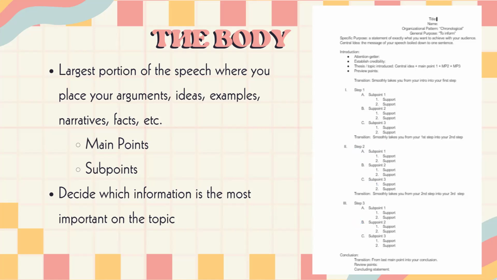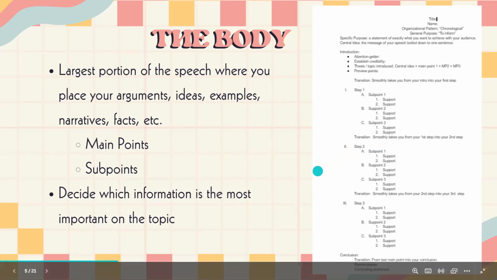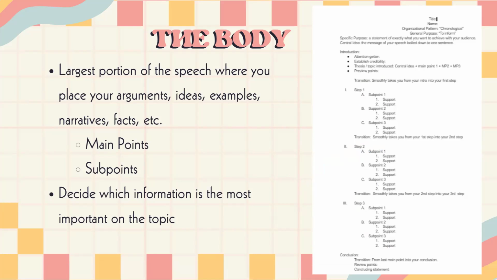Make sense? Basically, this is just helping you, your body is just deciding what information is the most important about your topic. What does your audience need to know? I know I have problems with this. As you can tell, some of our lectures are so long for no reason, and I'm getting better at it. I'm gonna get better.